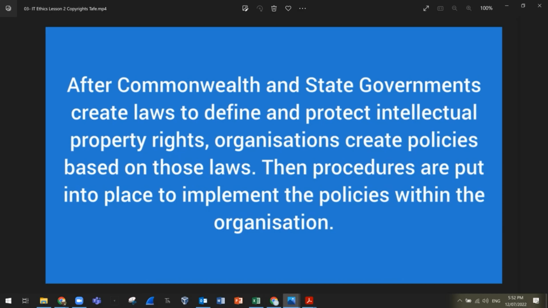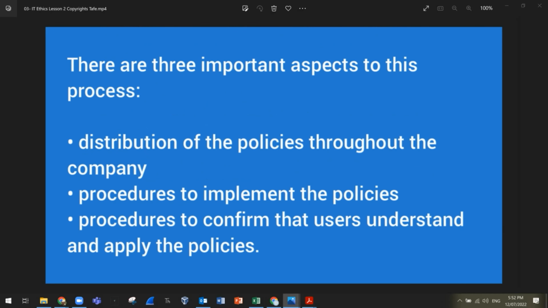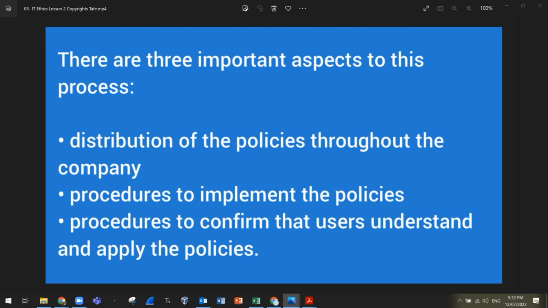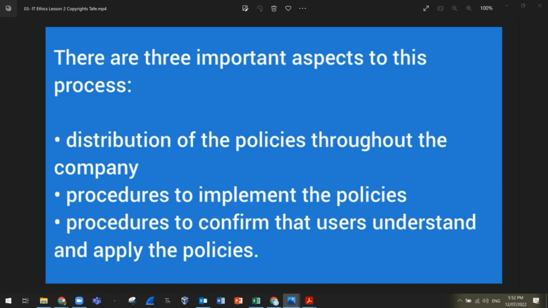Then procedures are put into place to implement the policies within the organization. There are three important aspects to this process: distribution of the policies throughout the company, procedures to implement the policies, procedures to confirm that users understand and apply the policies.